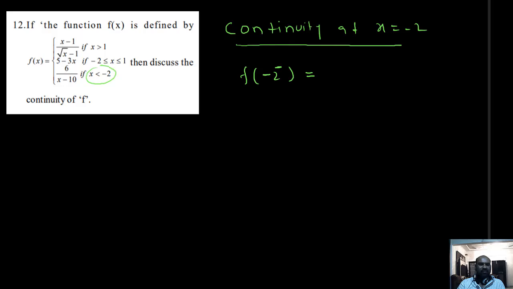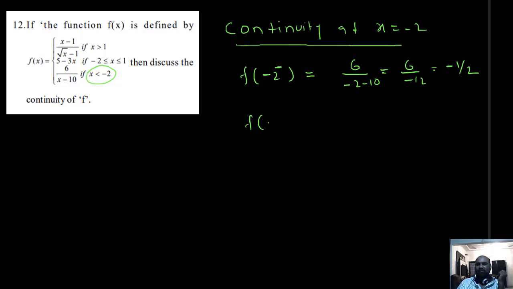Here, the rule here, for minus 2 minus. Put just x equal to minus 2 in that, what will we get? That gives f of minus 2 minus. If we get a finite value, substitute. 6 by minus 2 minus 10, 6 by minus 12, that is equal to minus 1 by 2, a finite value. That's why I can say, LHL equal to minus 1 by 2.